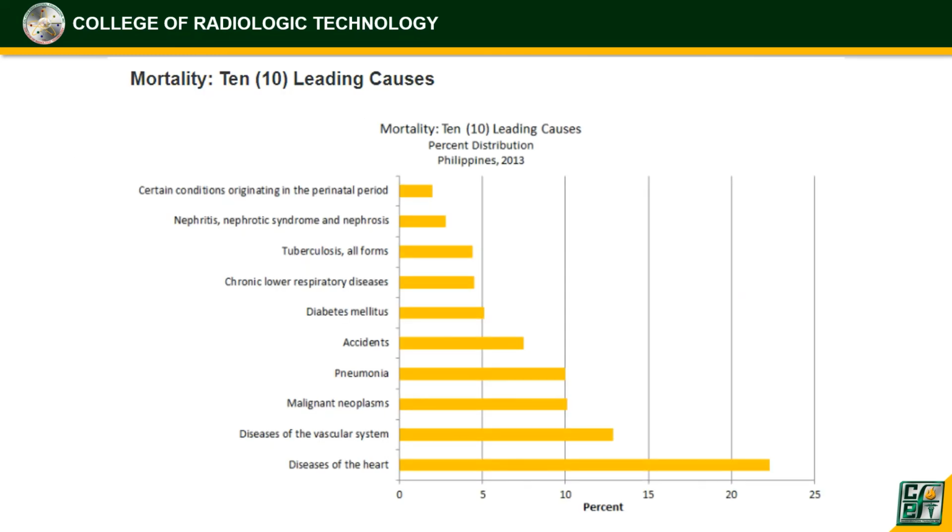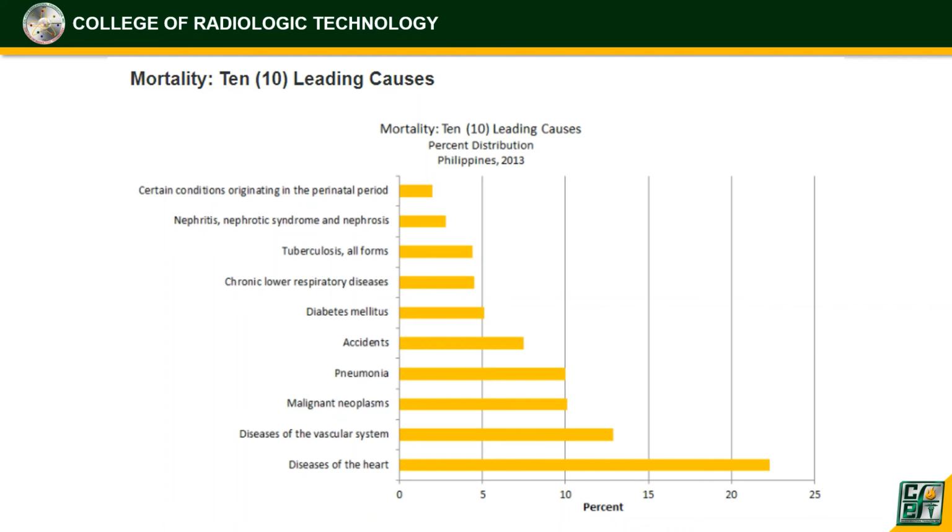In this slide, you will see the top 10 leading causes of mortality in the Philippines. However, this data is from 2013. There is no updated data yet for 2020.